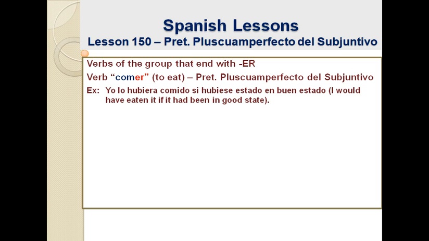I would have eaten it if it had been in good state, or in good shape, or if it had been edible. Again, here we have the pluscuamperfecto del subjuntivo in hubiera comido and hubiese estado: had eaten and had been.